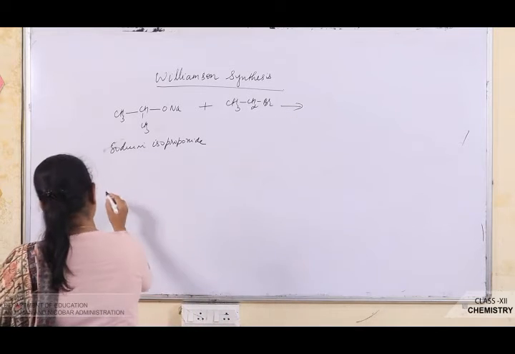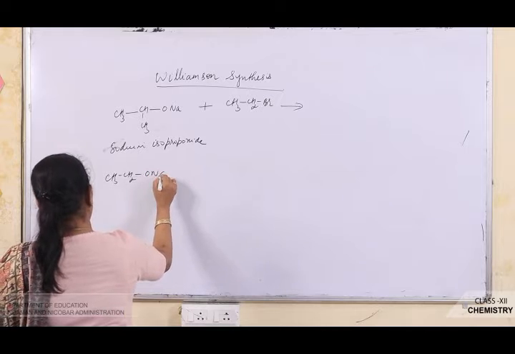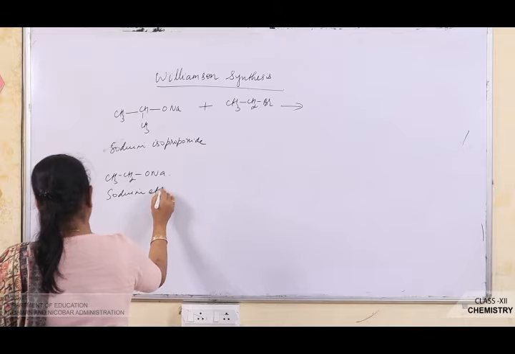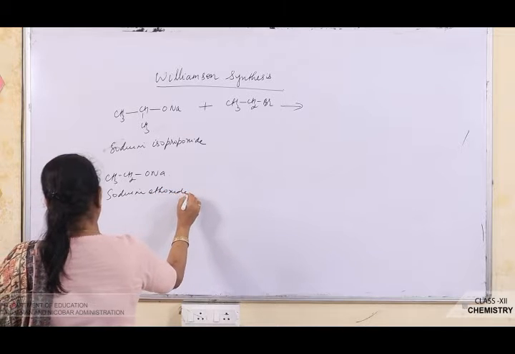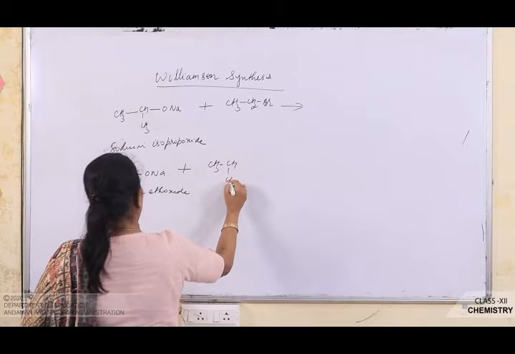Okay. Next I am going to write here CH3CH2ONa, that is sodium ethoxide, plus I am taking isopropyl bromide.